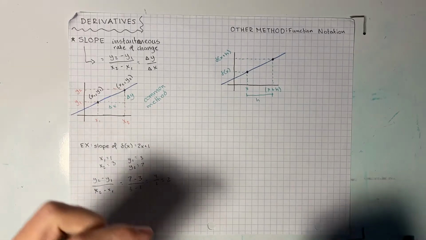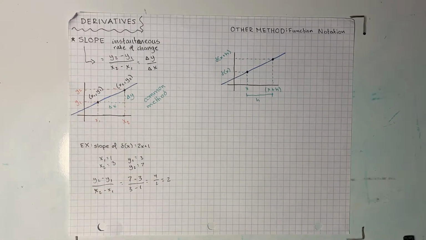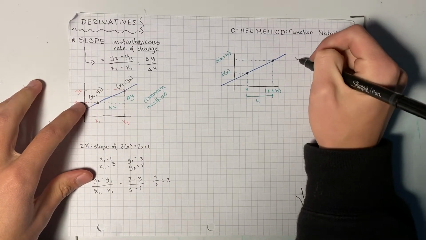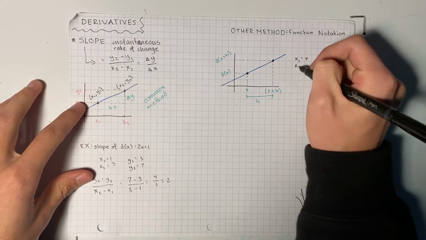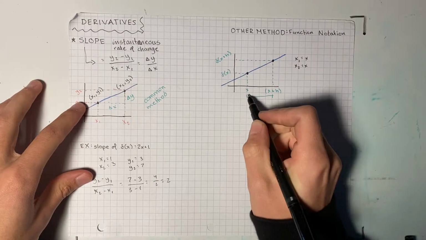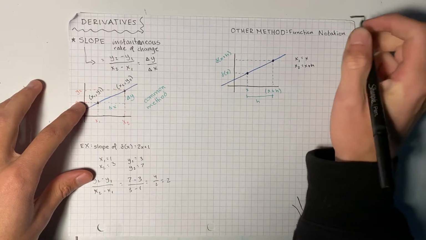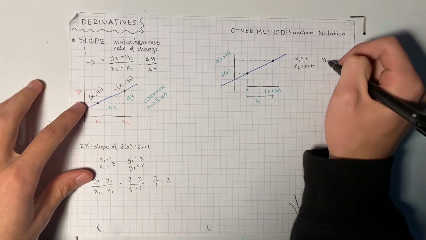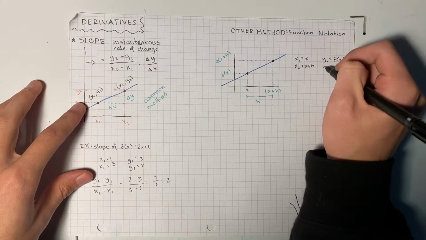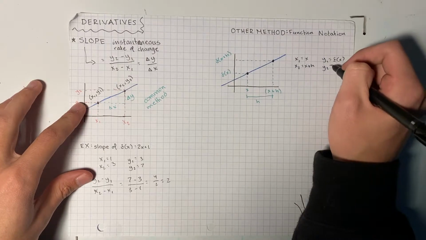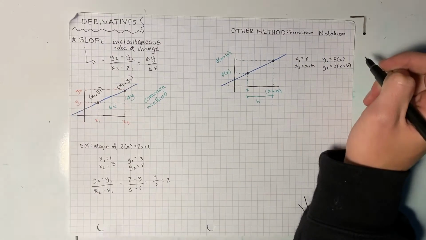Now this is going to be really important, the fact that we write it like this. So we know that our first x coordinate, our x1, is equal to x, and our x2 is equal to x plus some certain distance h, so x plus h. And now we know our y1 is just equal to f of x, and our y2 is equal to f of x plus h.